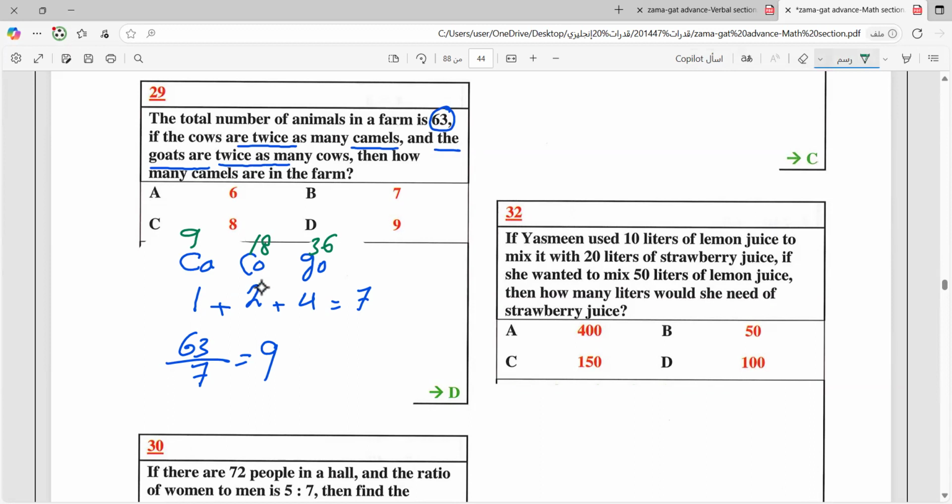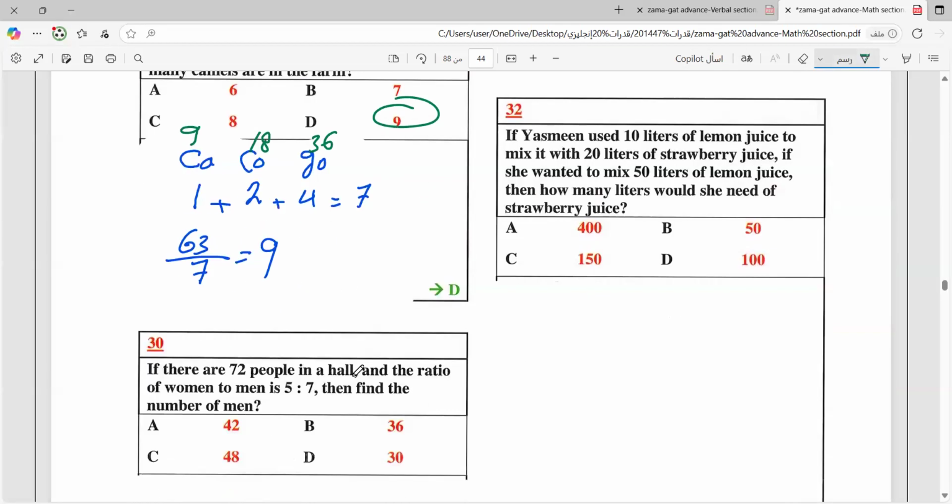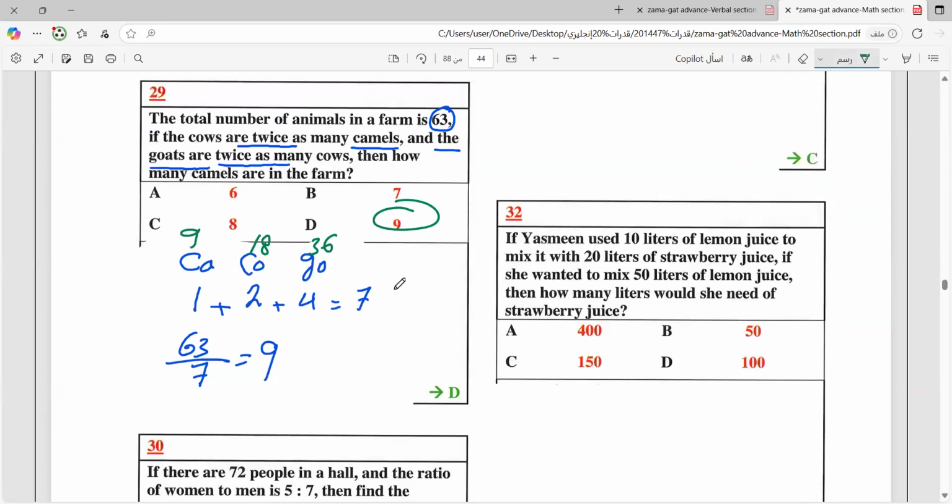How many camels? Oh, about camels. It's 9. Clear? Yeah. Okay. Or you can try it. If the camels are 9, the cows will be 18, and the goats are 36. When you add them, you get 63.